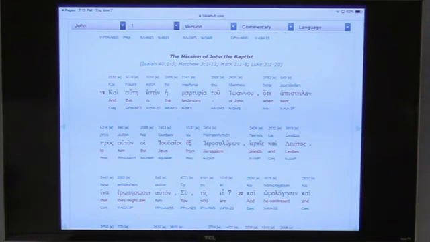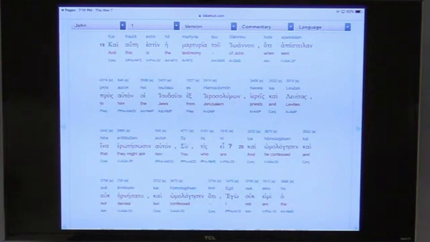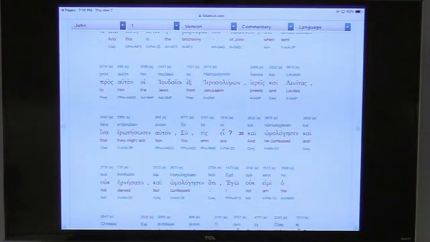So, in 1:19 it says, and this is the testimony of John, when sent to him the Jews from Jerusalem, priests and Levites, that they might ask, "Who are you?" So the last three words in that verse.